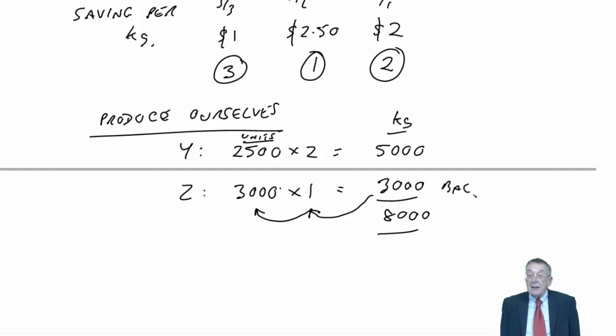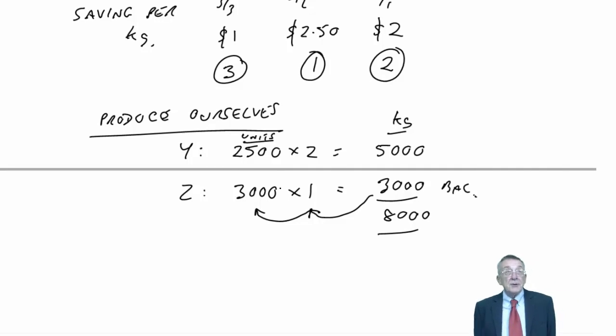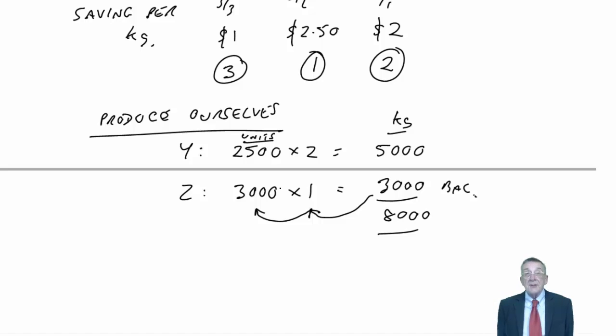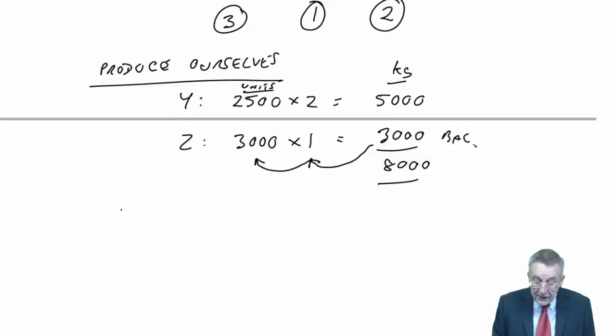So that's how we'll use the 8,000 kilos. We'll produce 2,500 Ys and 3,000 Zs. That's all we're capable of producing, but it'll give us the biggest saving. Any others we'll buy outside.